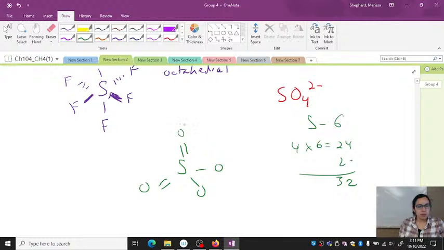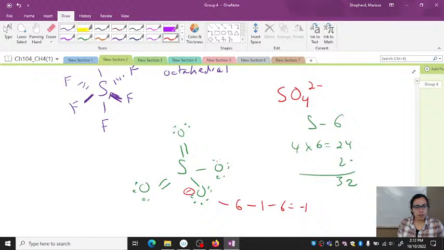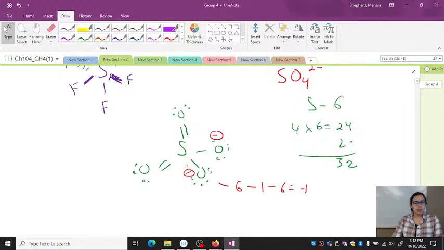So if you put 2 with double bonds, and then fill in the 32 electrons, you have 8, 8, 8, 8, and then these 2 oxygens have a formal charge of -1, so 6 minus 1 bond minus 6 electrons. So we have that same -1 formal charge.